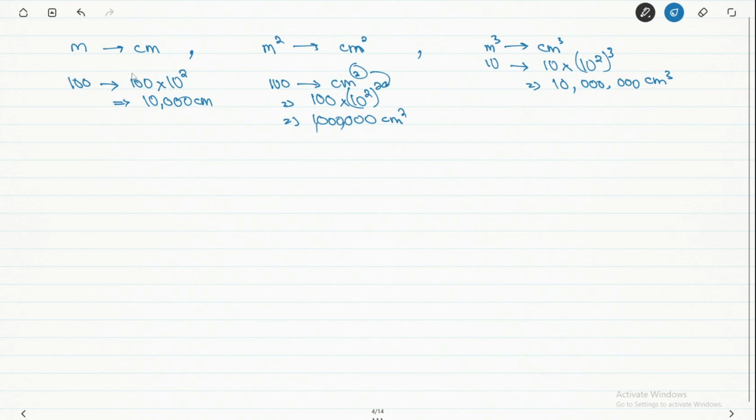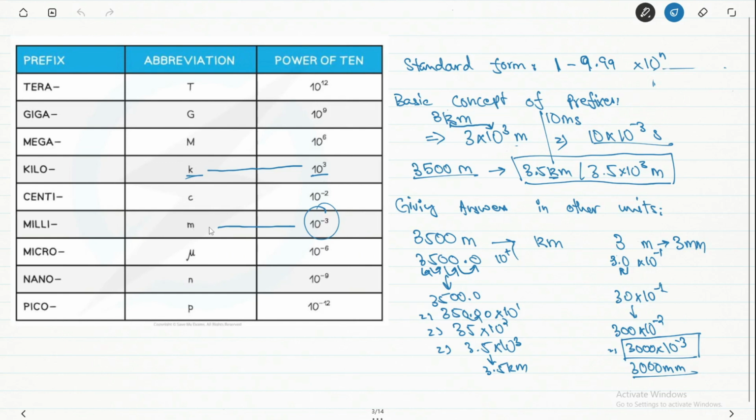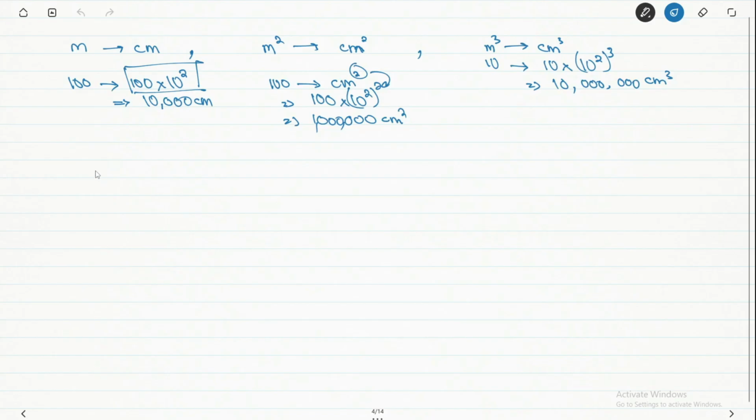Now why did I take the value to be 10 raised to power of 2, right? Because to go from cm to meter, the power is 10 raised to power of -2. Or think about it this way: what is bigger, meter or centimeter?